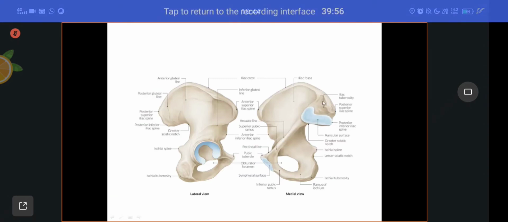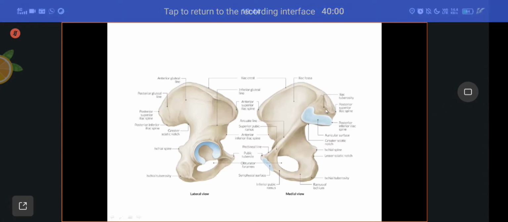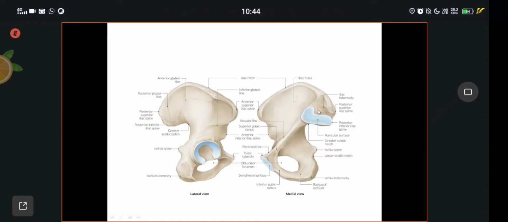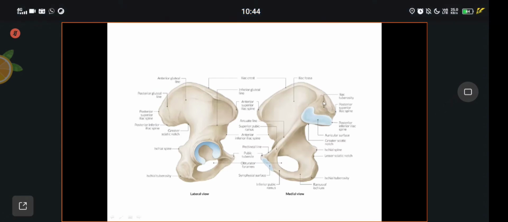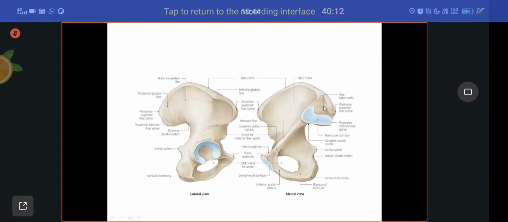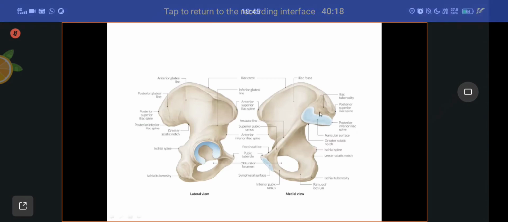All these ligaments get their origin from the sacral surface. And from which part of the sacral surface? The iliac tuberosity. So this is for the attachment of the dorsal sacral, the iliolumbar and interosseous ligaments.